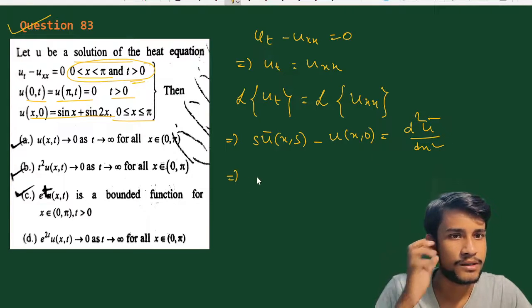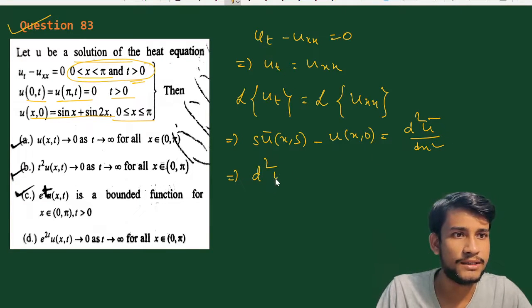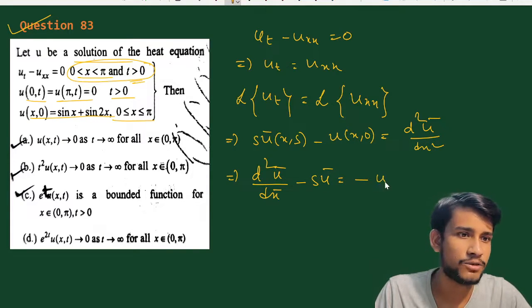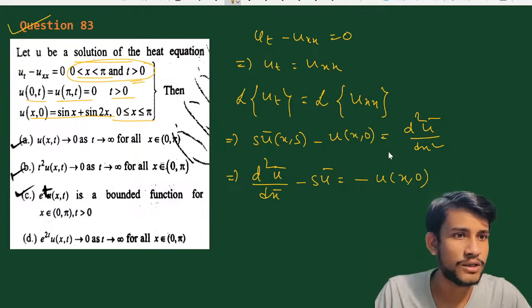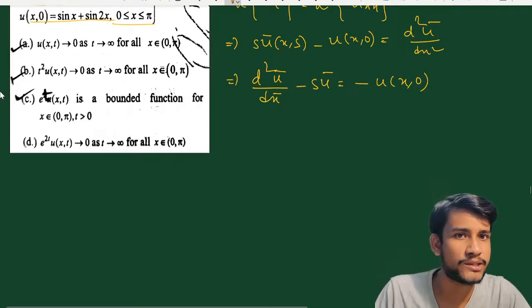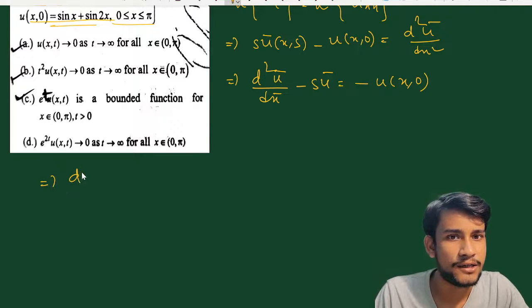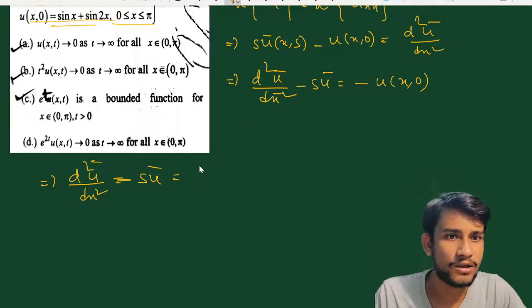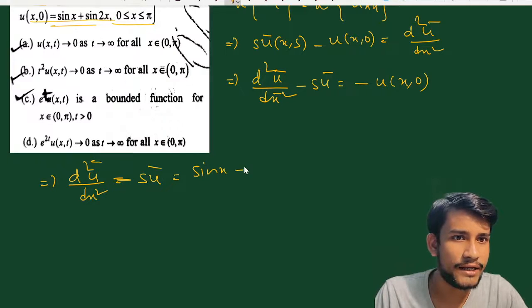Now this implies d2 u bar dx square minus s u bar is equal to minus of u(x,0), clear. Now the value of u(x,0) is given here, sin x plus sin 2x, that means d2 u bar dx square minus s u bar is equal to sin x plus sin 2x, clear.